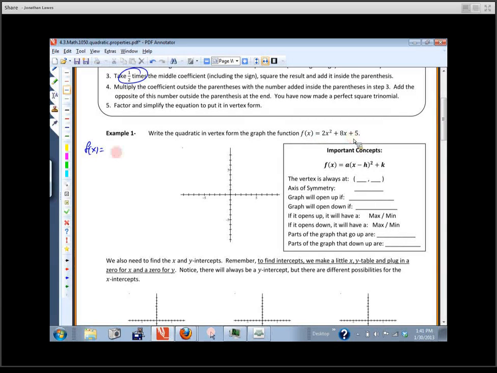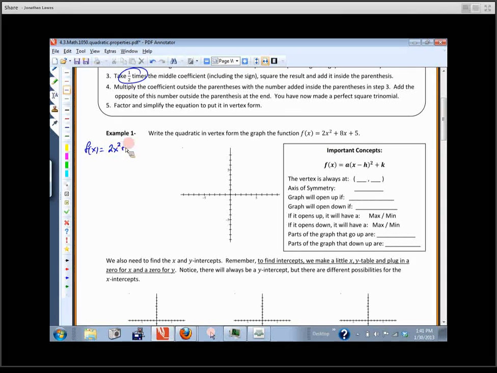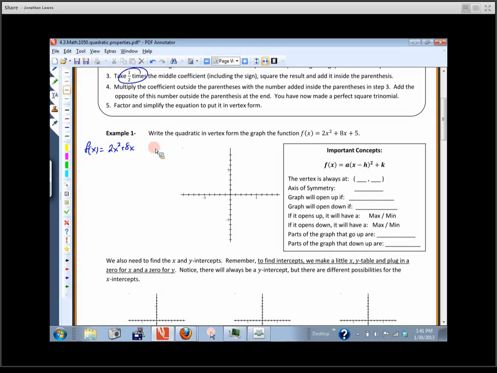So the first thing I'm going to do, and I'm going to do one extra step on this one that I don't normally do, is 2x squared plus 8x. I'm going to make room to complete the square. So I'm going to put a number right there that's going to complete this square. But you'll remember we can't complete the square unless the leading coefficient, the coefficient of the squared term, has to be a 1.